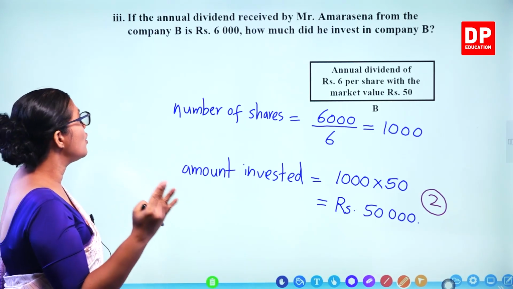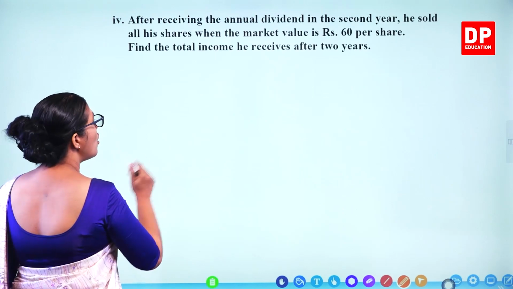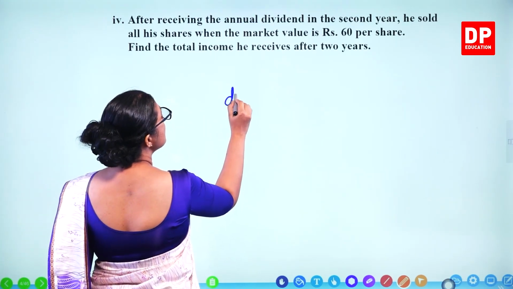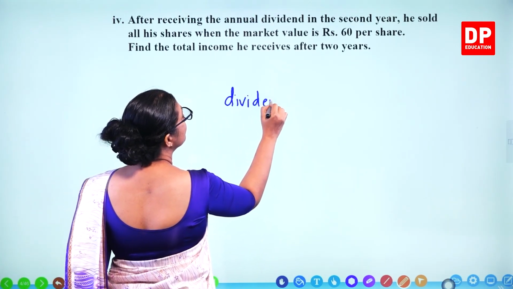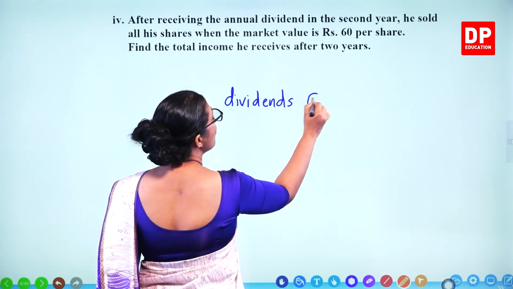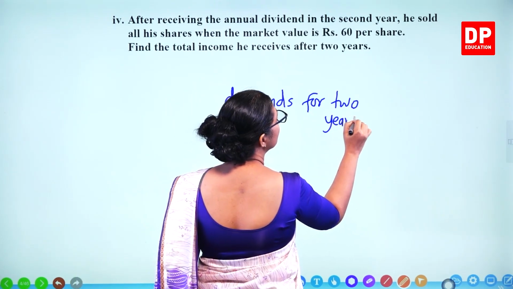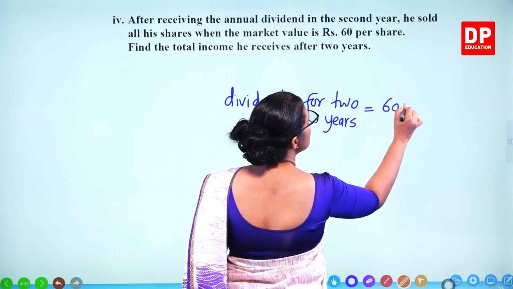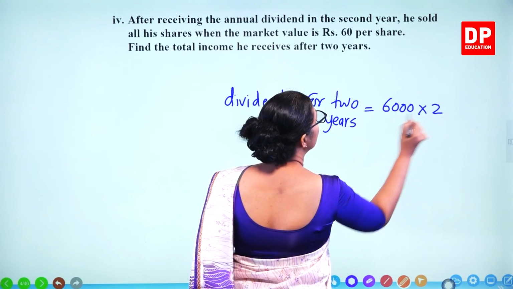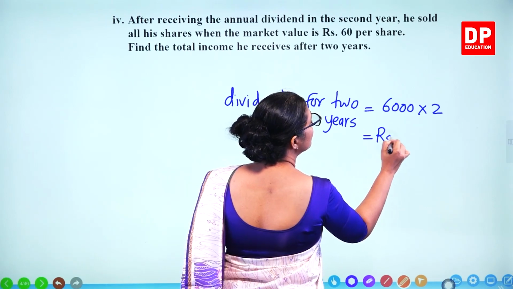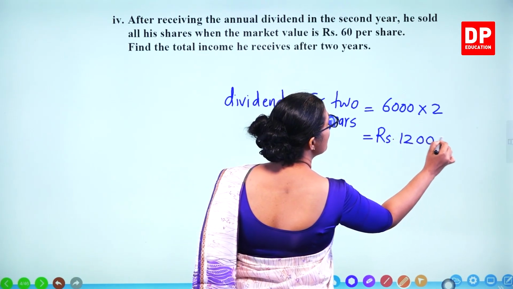So 6,000 into 2, that's for 2 years. Dividends for 2 years, 6,000 into 2, 12,000 rupees.